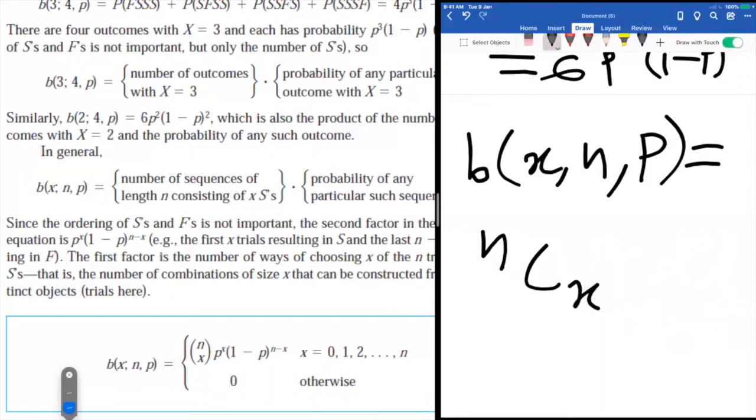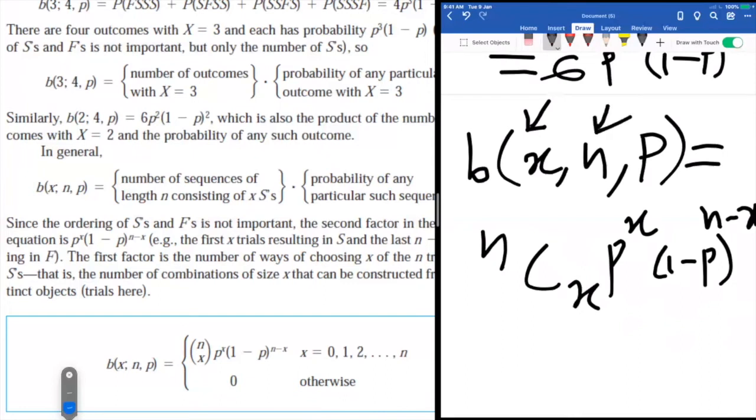That is nCx p raised to x, 1 minus p the whole raised to n minus x, where q is equal to 1 minus p, the probability of failure. So this is the probability of x successes out of n trials with probability of success equal to p.